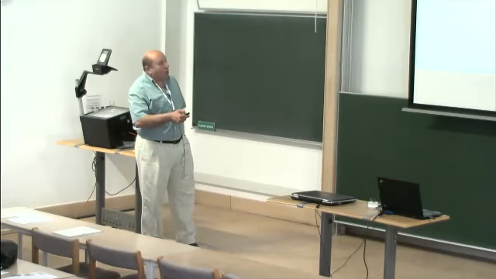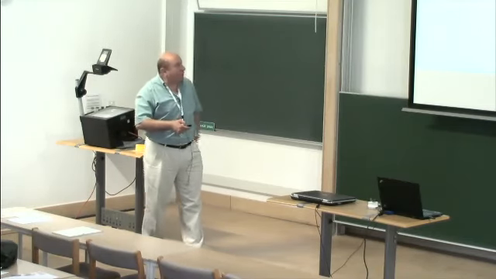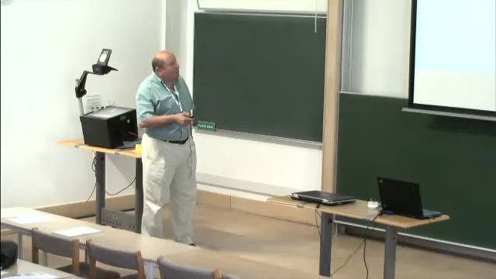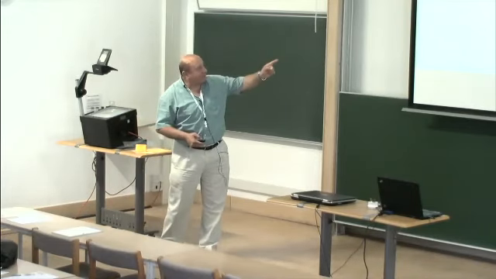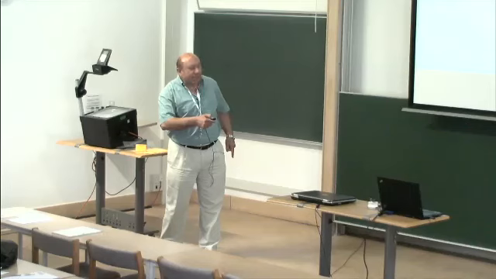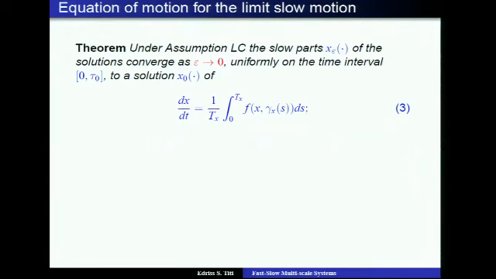Now, my goal is to know the equation of motion for this one, and this equation of motion is exactly the averaging. For every fixed x, I have the limit cycle. I take the time average with respect to s, and therefore I get a vector field, which tells me how things are really advancing.